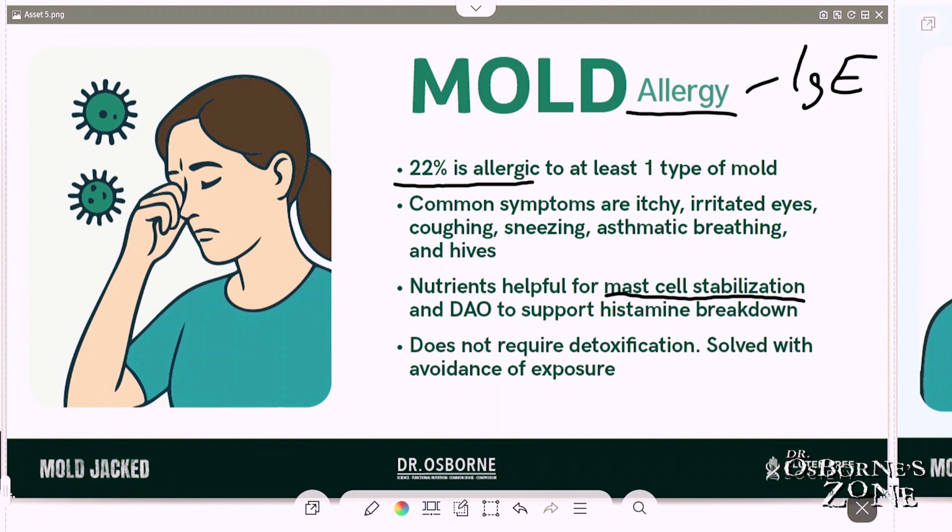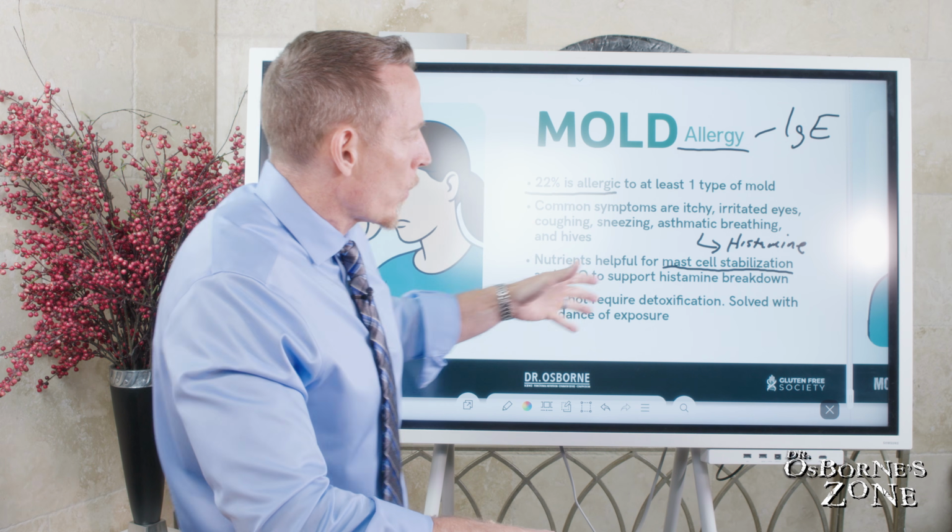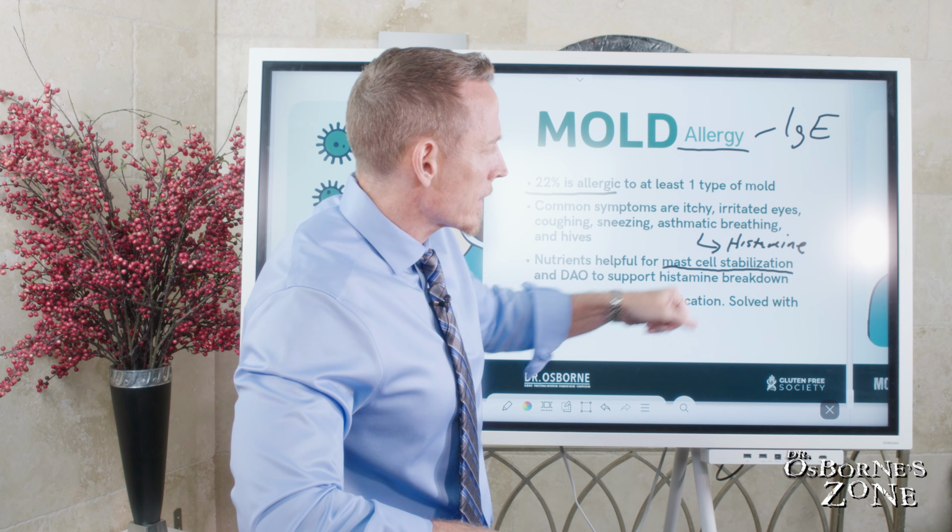Mast cells release histamine. So when we look at these symptom associations, it's as a result typically of histamine release. Your white blood cells will release this chemical compound, and that's what's responsible for creating these symptoms. These types of white blood cells are oftentimes referred to as mast cells.